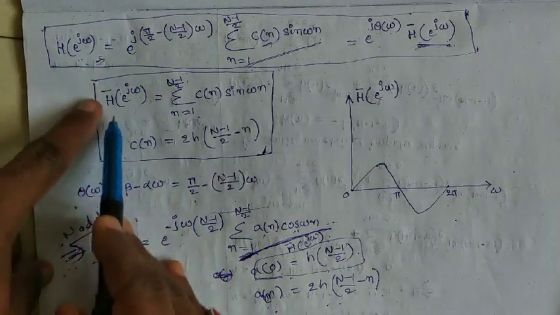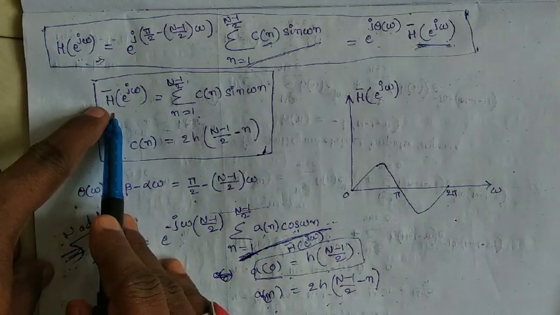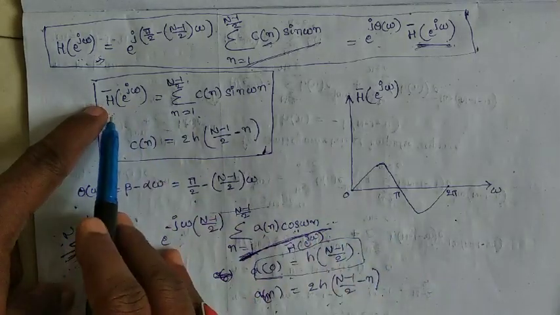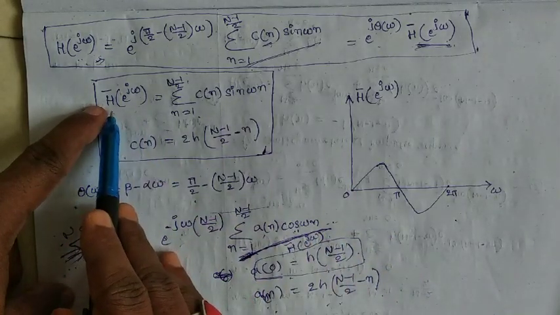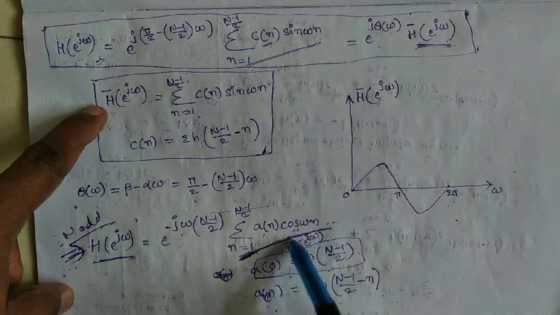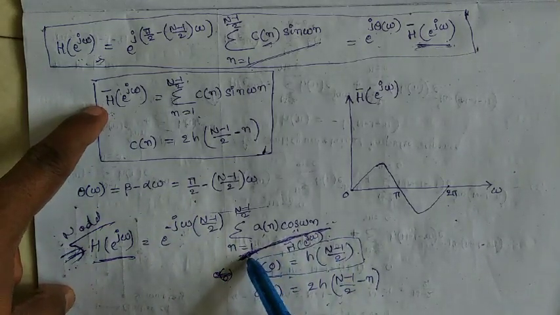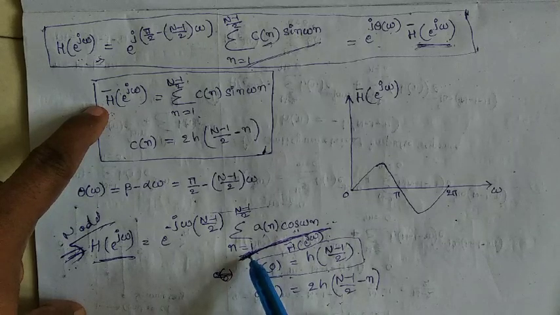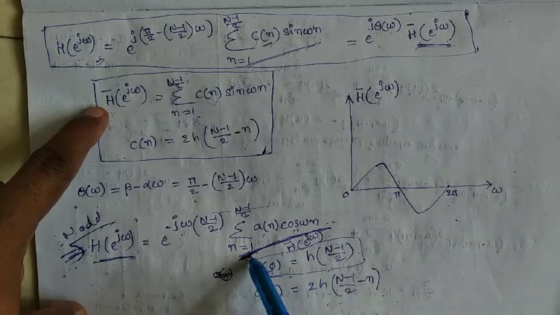Here this is the zero phase frequency response for antisymmetrical impulse response, capital N odd. This underlined line is the frequency response of symmetrical impulse response, the zero phase response of FIR filters. Okay.